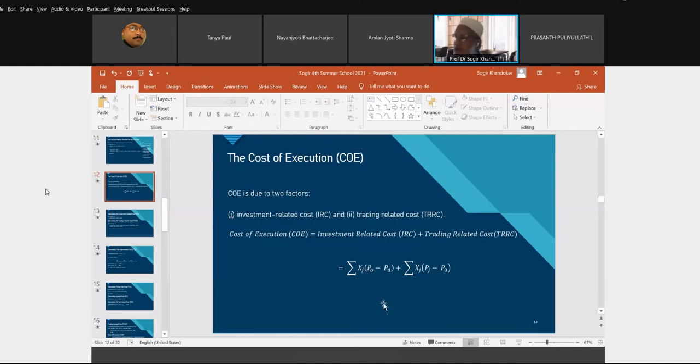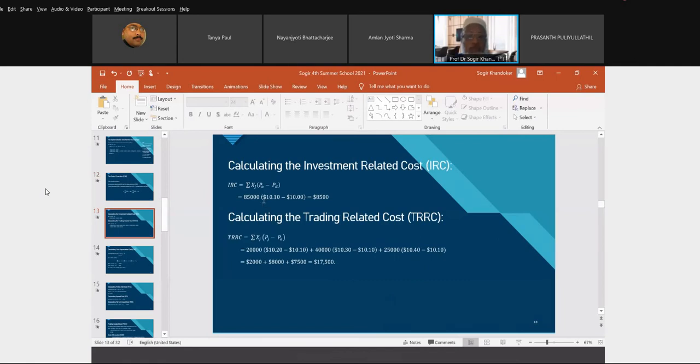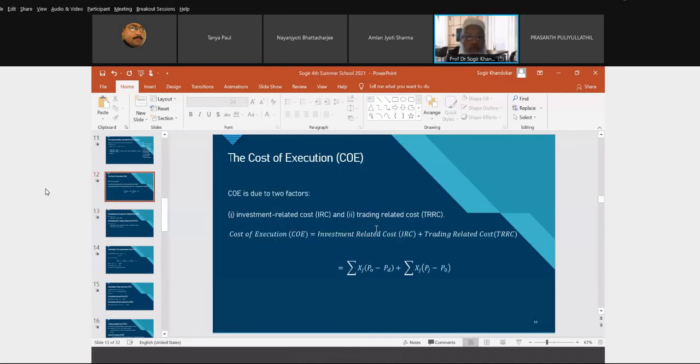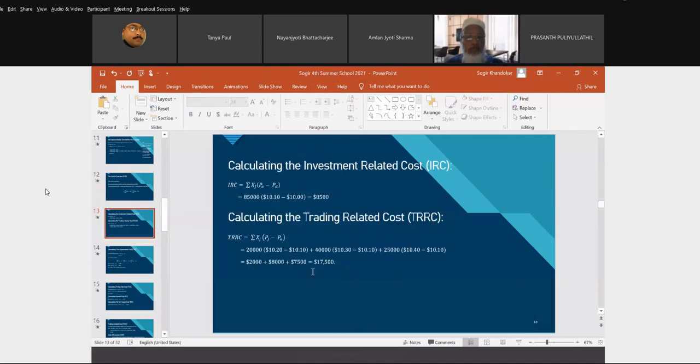By using this formula, investment related cost will be $8,500, but the trading related cost is $17,500 by using this formula. I think everybody can understand this formula with the example mentioned earlier.